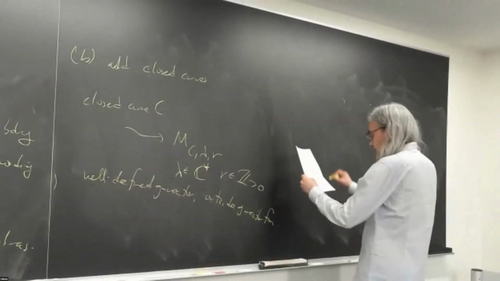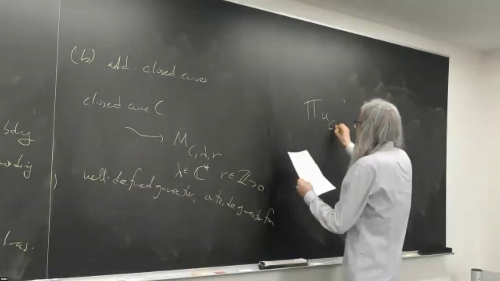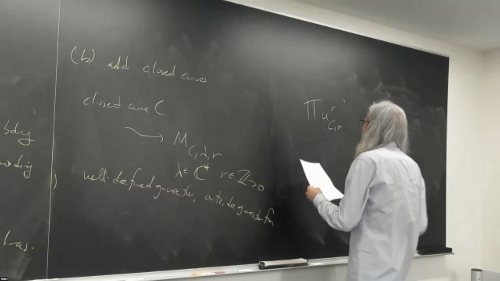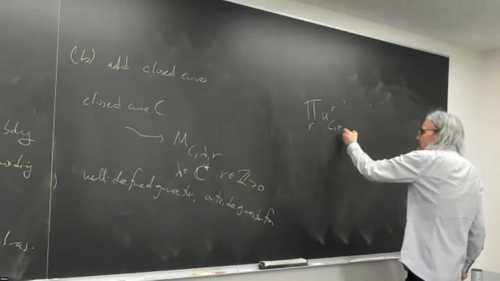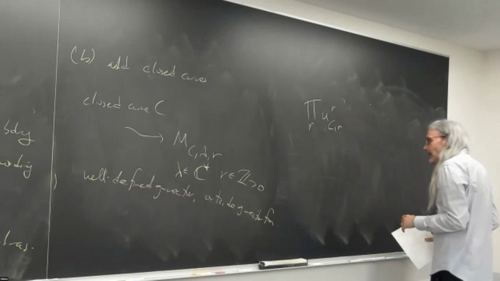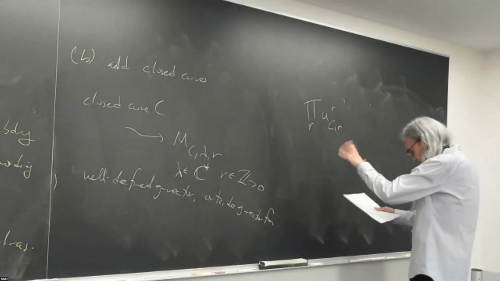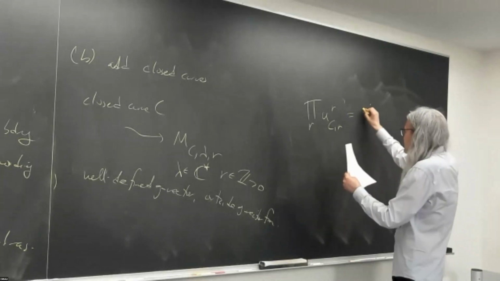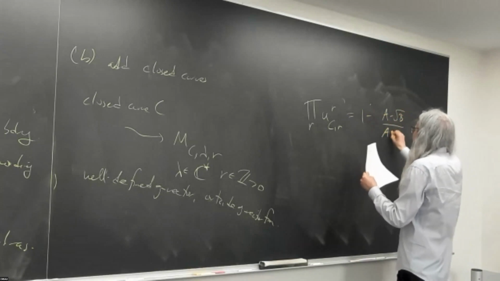You can think about the product of U(C, R). I'm just suppressing lambda because lambda didn't matter. So I'm packaging the U's corresponding to different ranks together, and for some reason taking to the power R, which I can't explain very well, but there is a representation theoretic reason to want to do this. If you do this, you get something that looks like 1 minus A minus square root of B over A plus square root of B.